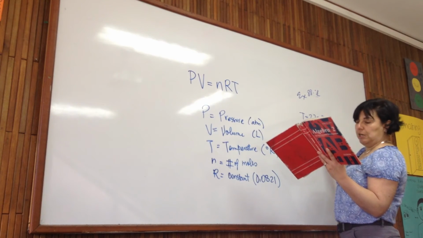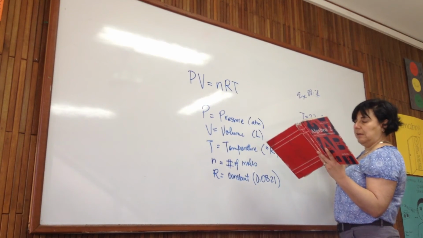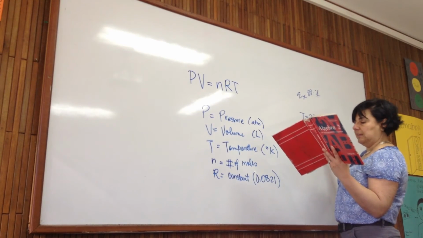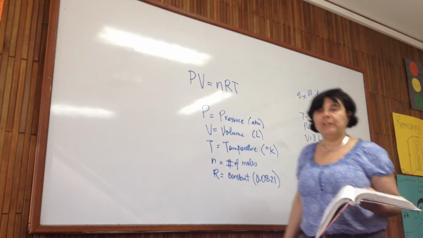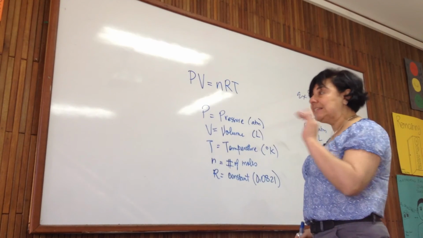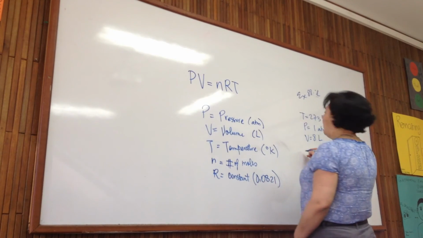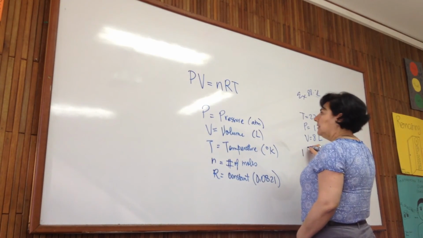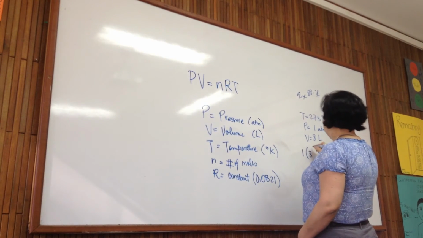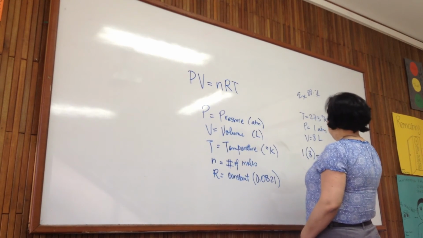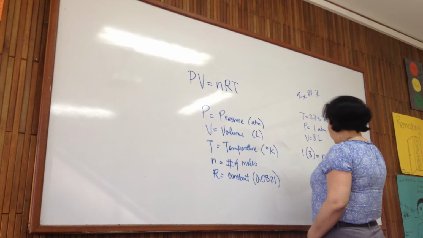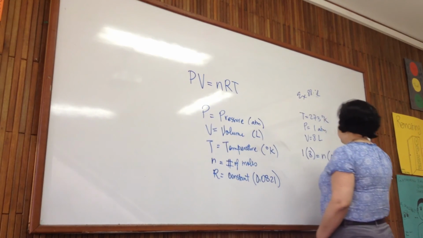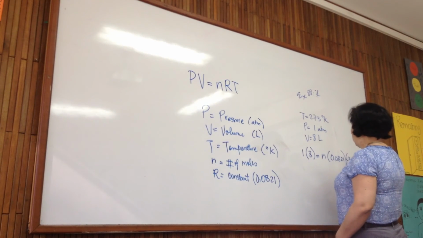The pressure is 1 atmosphere, and the volume is 8 liters. So we've got 1 for P, 8 for V, 0.0821 for R, and T is 273.